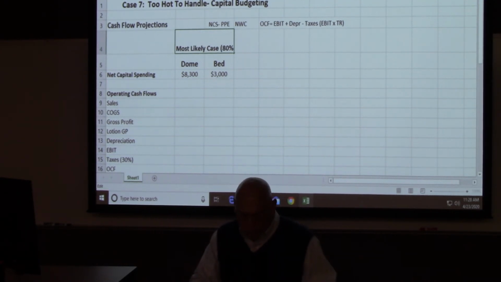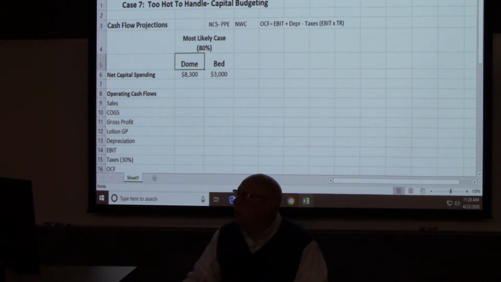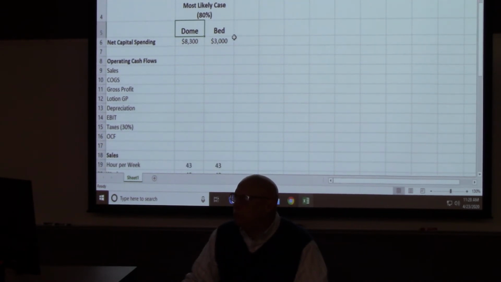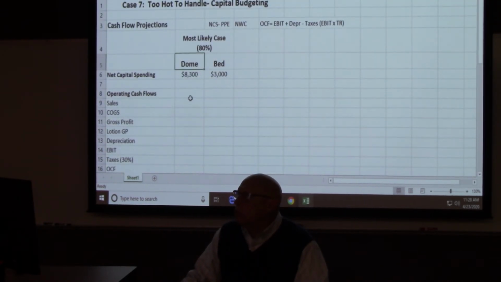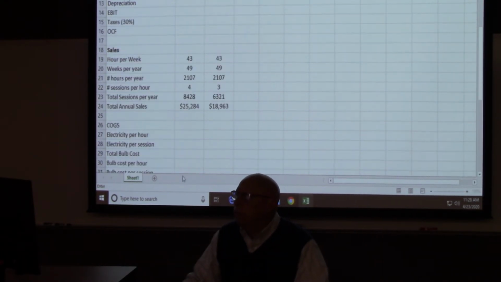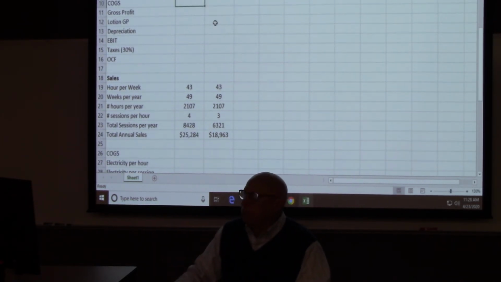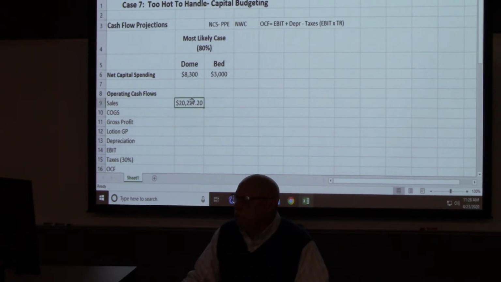Let's put that other parentheses in there, and voila. All right. Now, so sales are equal to total annual sales times 0.8. And let's move that over here. And let's take the cents off.